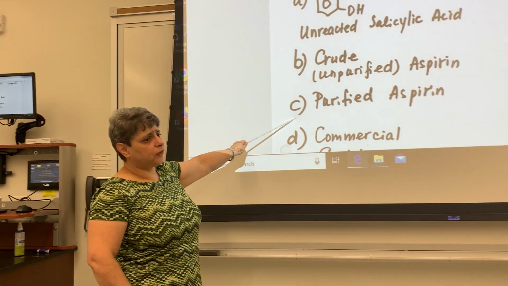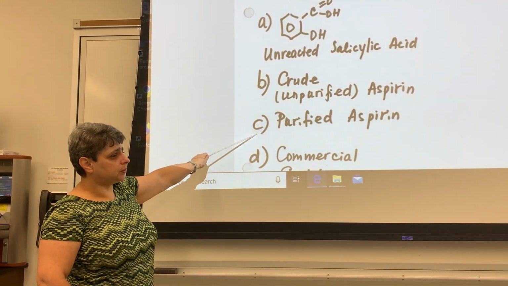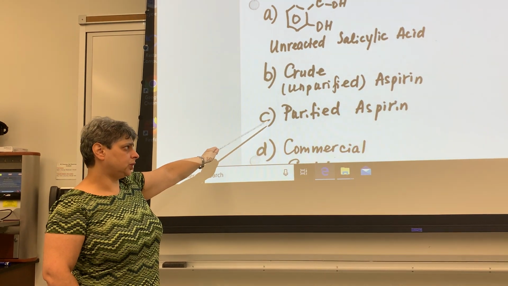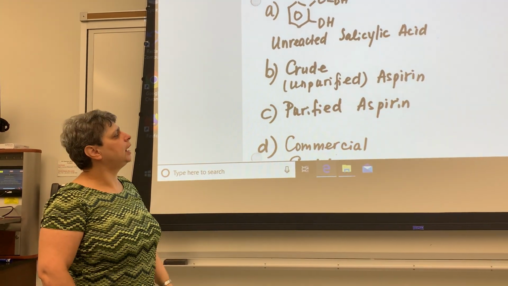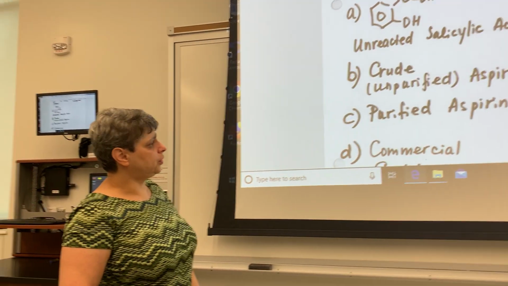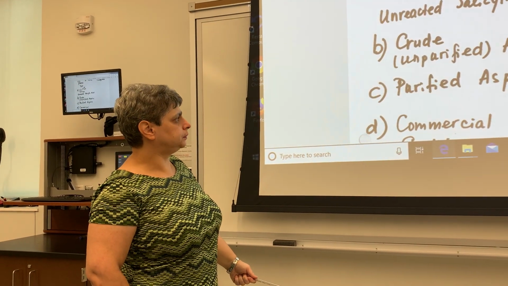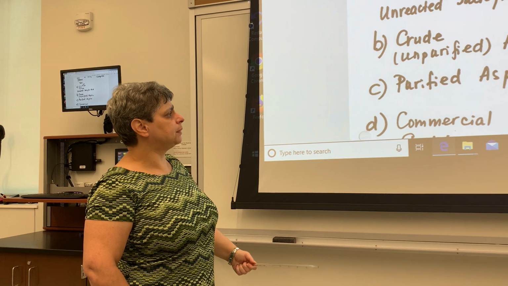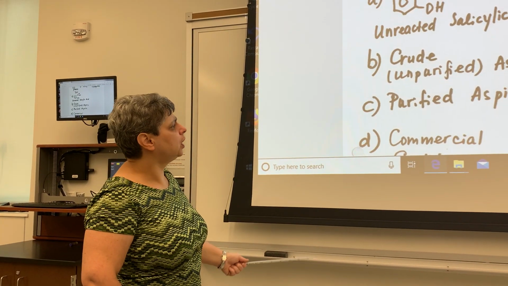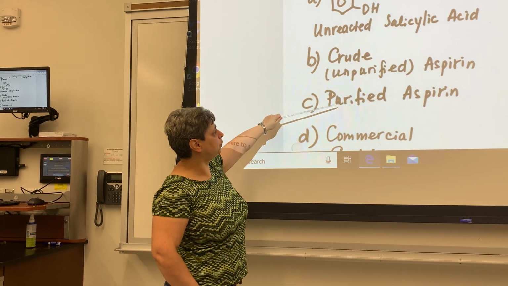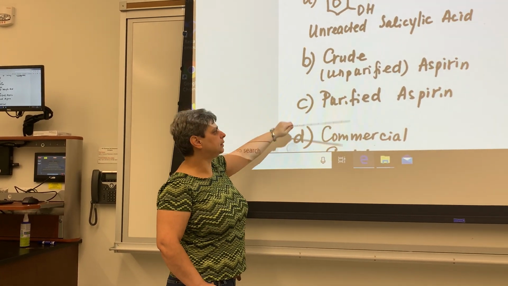Next will be the purified aspirin. This will be the aspirin obtained after recrystallization, and whether or not you will see any purple color depends on how well your crystallization went. And hopefully, if you don't see complete absence of purple color, at least you will see lightening of the purple for purified versus crude.